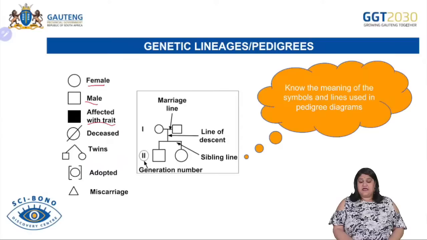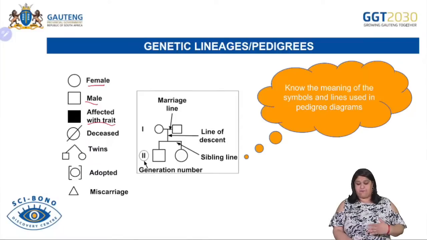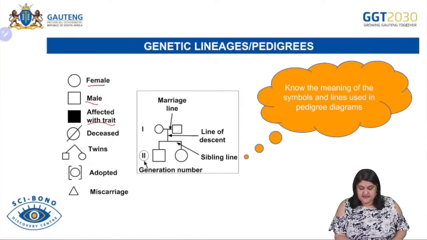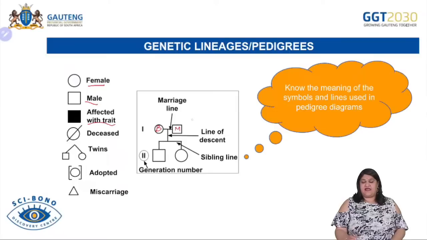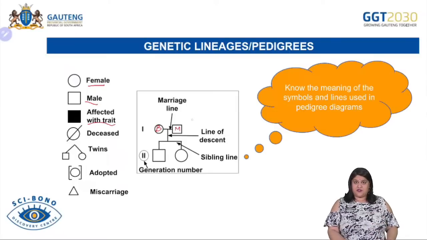Okay? So they can also ask you to do a monohybrid cross based on this information. They'll tell you that person B is marrying person M, and then they're going to have offspring, and they're going to tell you what characteristics they have, and you need to do a monohybrid cross.